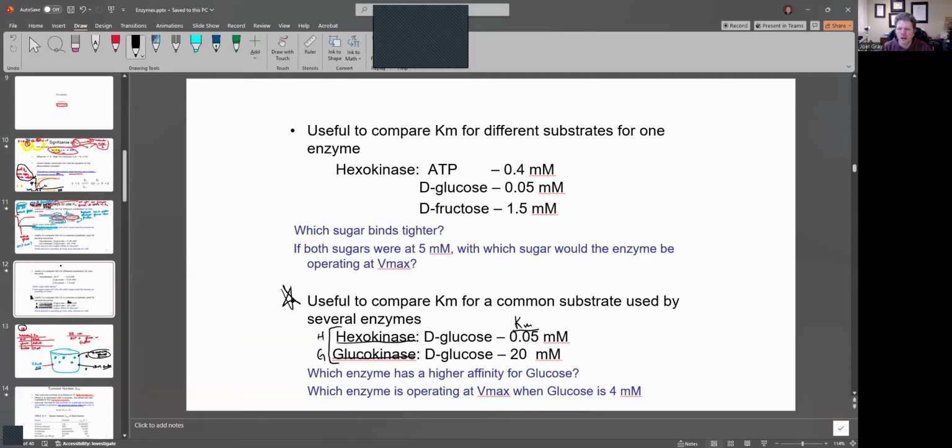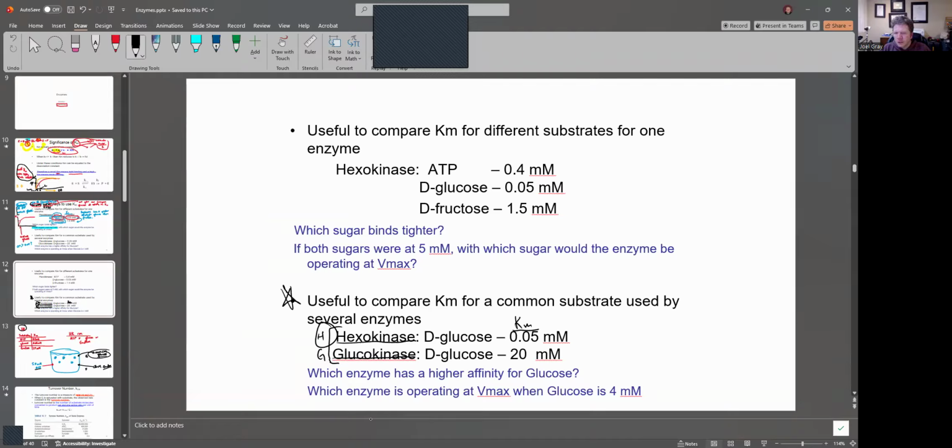Which one of these has a higher affinity? Well, the one that has the higher affinity is the one that has the lower Km value. So absolutely, Esperanza, H. And Emma, you're right on. So hexokinase has a greater affinity for glucose than glucokinase has for glucose.